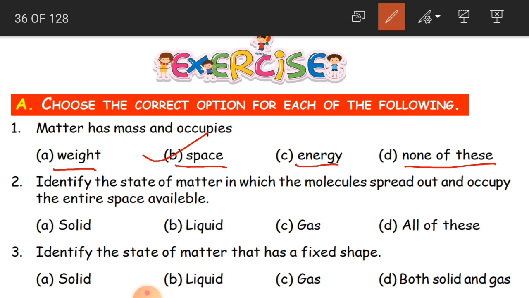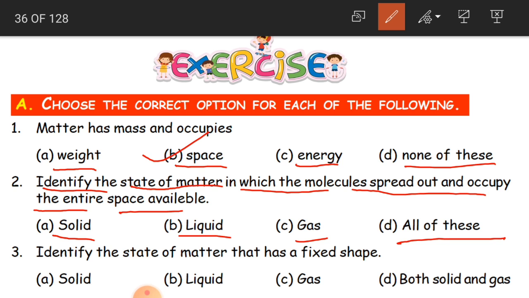Okay, and question 2: identify the state of matter in which the molecules spread out and occupy the entire space available. So where the molecules can freely flow or move and occupy the entire space. Is it solid, liquid, gas, or all of these? Answer is gas. Okay children.